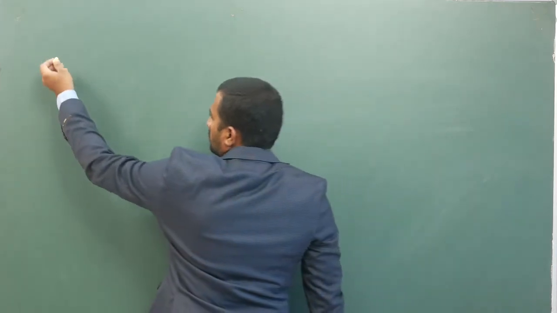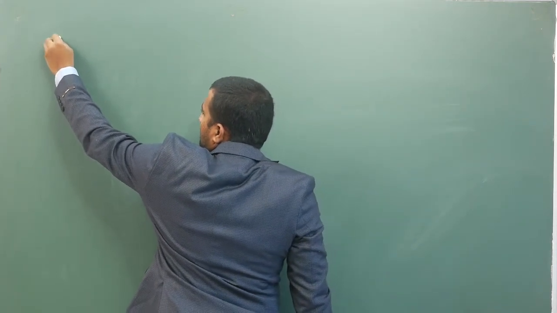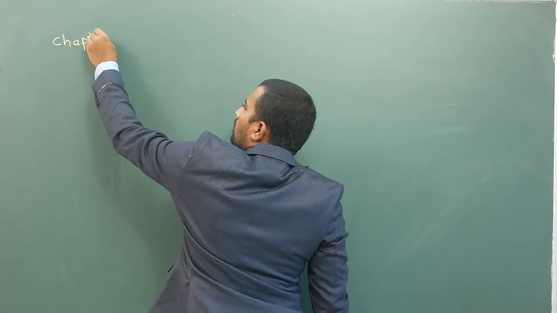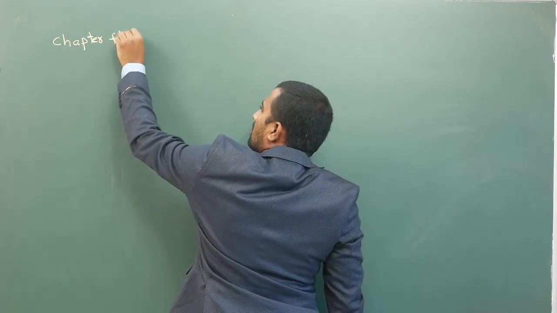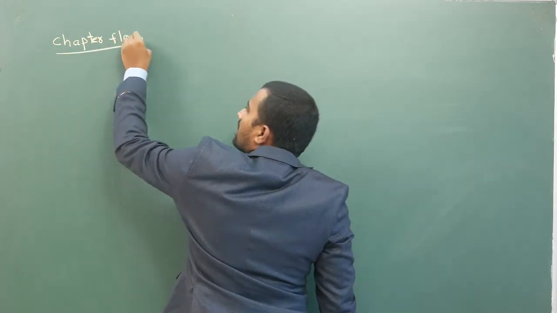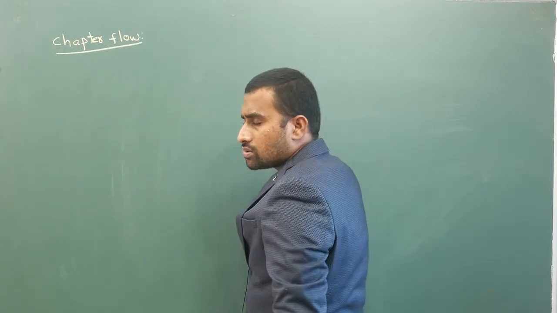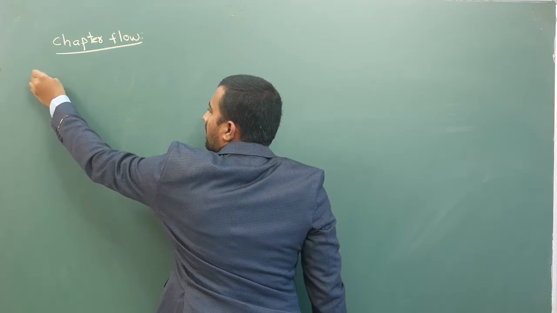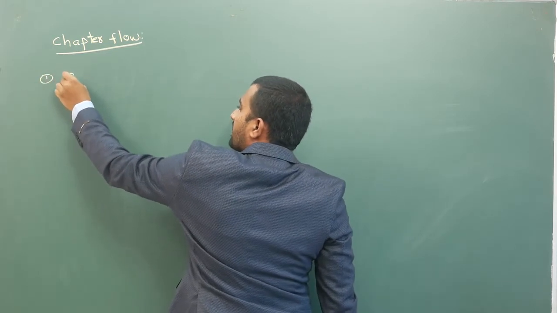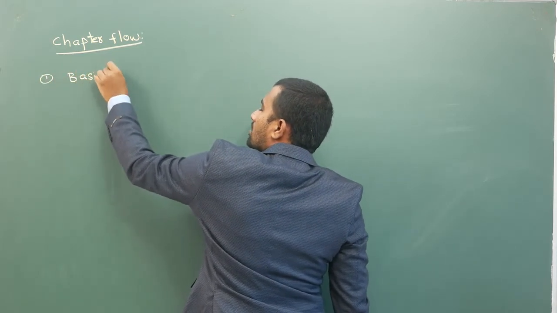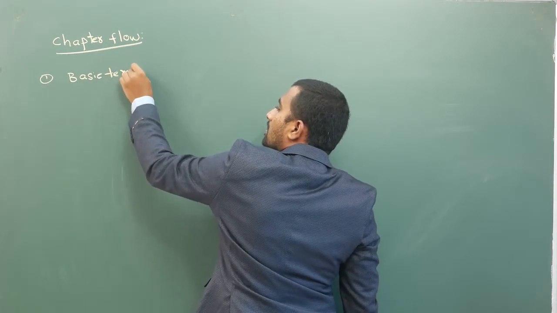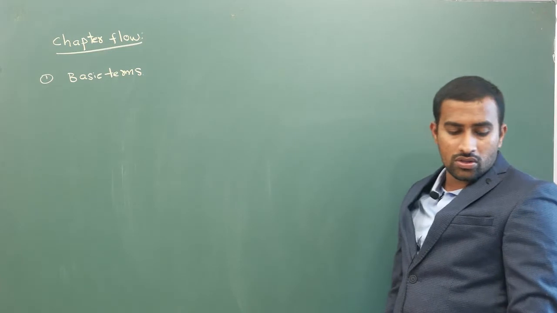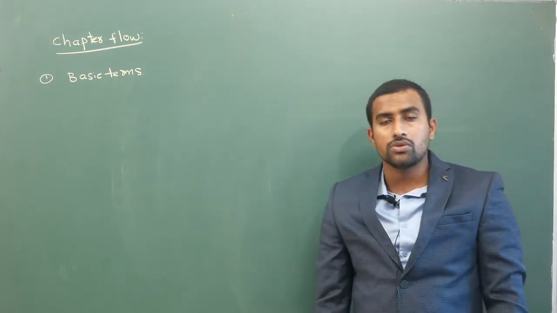So far what I have discussed is the introduction. Now I'll tell you the chapter flow. The first part is knowing the basic terms that you are going to use.